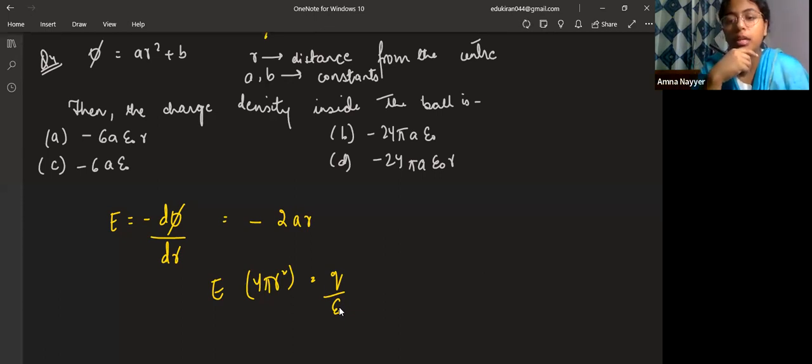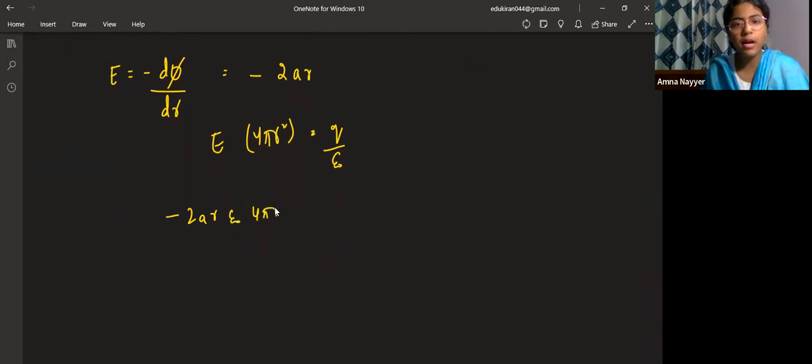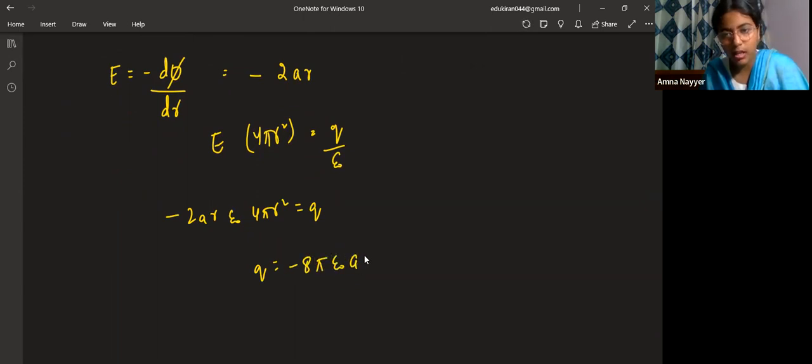Now Q, if you substitute all the values from here, just find out the value of it. So this is 2AR epsilon naught 4 pi R square. So Q is going to be minus 8 pi epsilon naught A R cube, right? R into R square. This is the value of charge that you have.